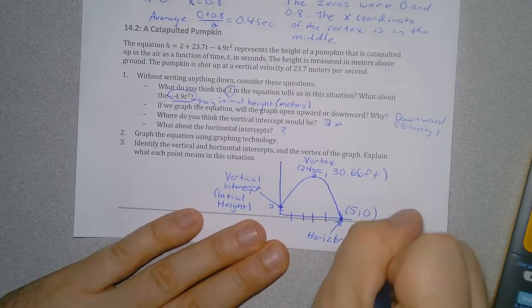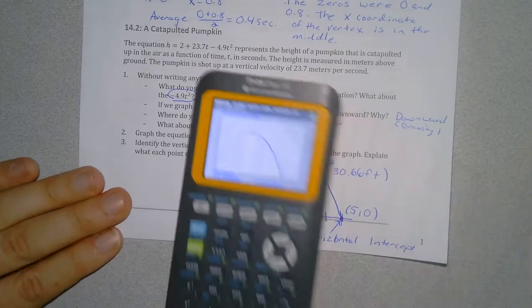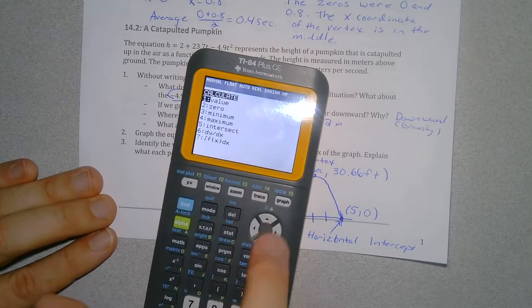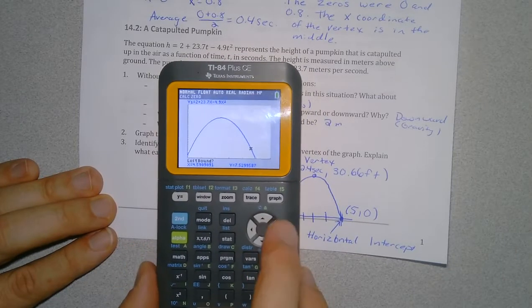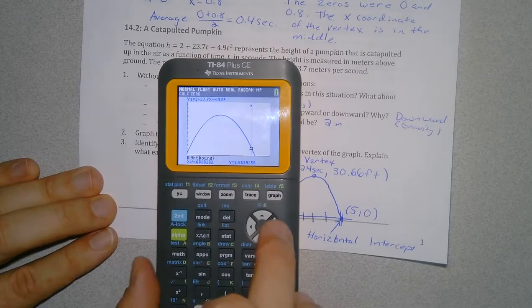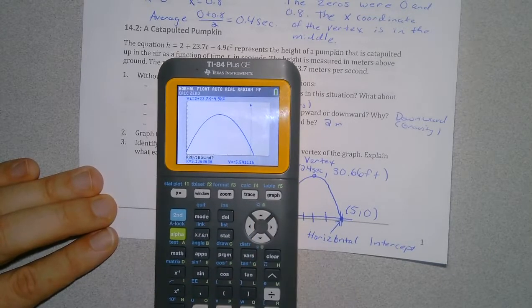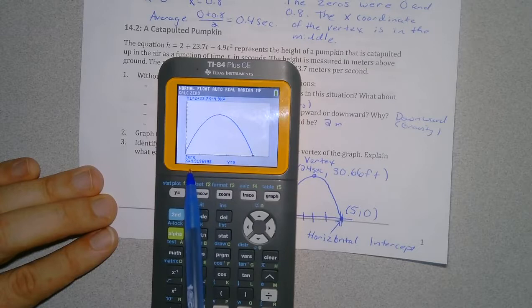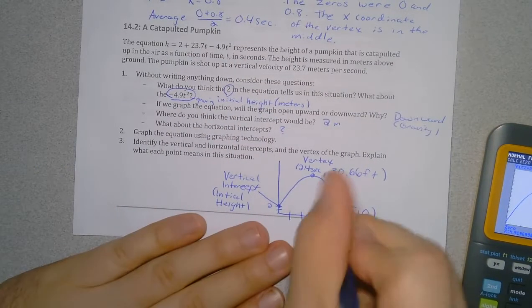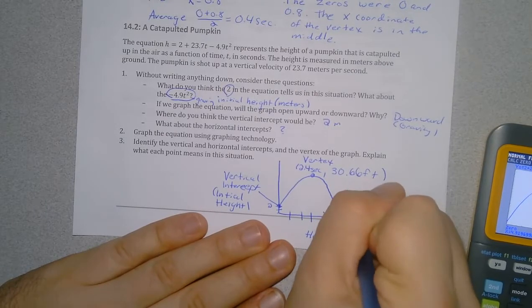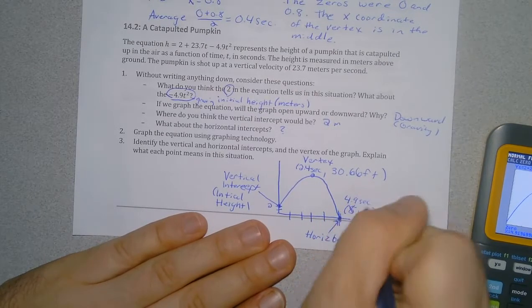It's at 0. We can calculate that exactly if we go second calculate and go to 0. And then left bound, we just keep our cursor to the left and then arrow over a little further. And it looks like 4.9. So we can change that, be a little bit more precise, 4.9 seconds.